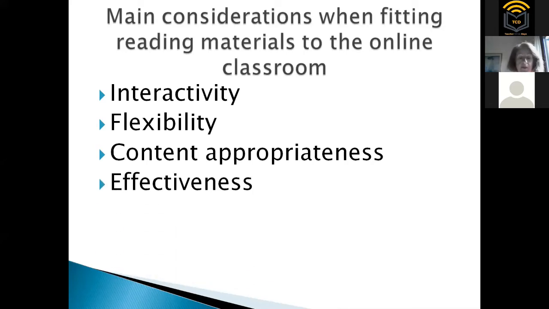Effectiveness, which means that they have to reach the goals, the objectives that we set for that particular lesson. And of course, attractiveness. Now, here is where online materials actually can have an advantage, because they can be made to be more attractive than printed ones. And of course, especially the last three, if not all five, apply to traditional materials as well. But they're to be viewed a little bit differently when it comes to online materials.